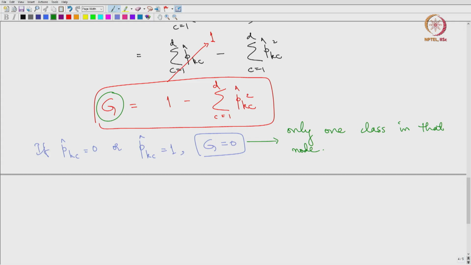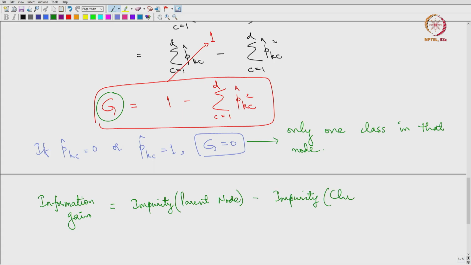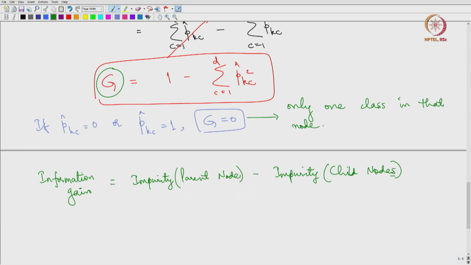We need to find the information gain, and that is obtained as the impurity of the parent node minus the impurity of the child nodes. Why am I writing child nodes here? Because whenever you select a feature, due to the binary splitting nature, you will always have two child nodes, so you have to take a weighted impurity of the child nodes.